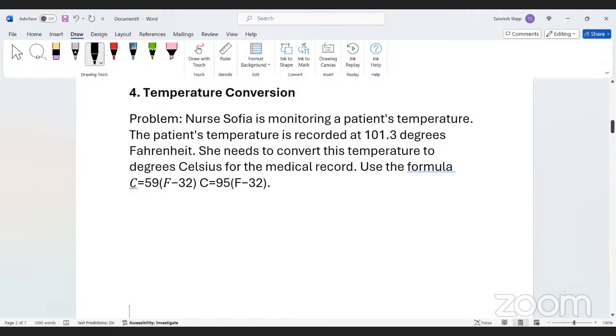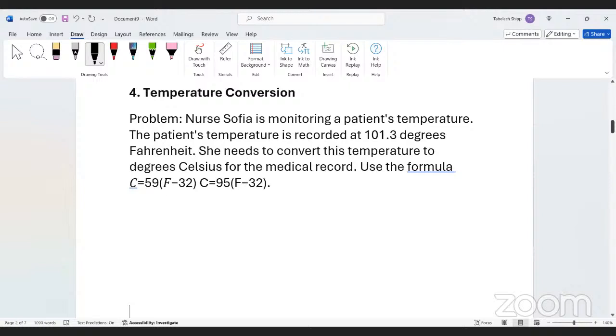Nurse Justice is monitoring a patient's temperature. The patient's temperature is recorded at 101.3 degrees Fahrenheit. She needs to convert this temperature to degrees Celsius for the medical record. Use the formula. And then I give you the formula here, but let me go ahead and do one thing for you guys.